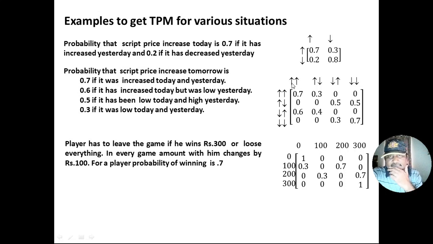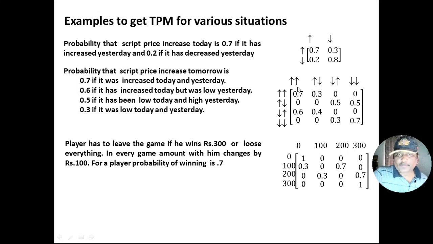Today increase has to be coupled with this today, then only you can write the information here. This will be the probability of increasing the script price tomorrow. Today increase is implied here itself. So the probability of increasing the script price tomorrow is 0.7 if it has increased today and yesterday.